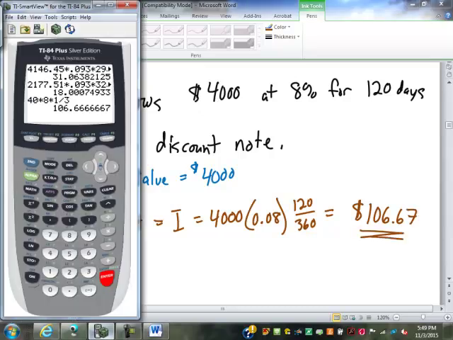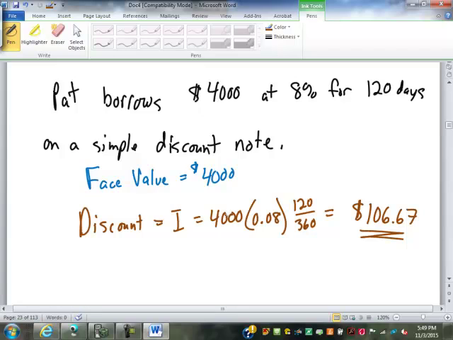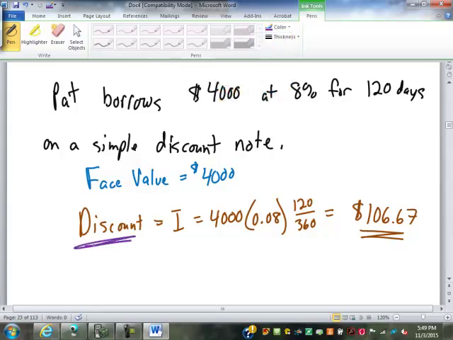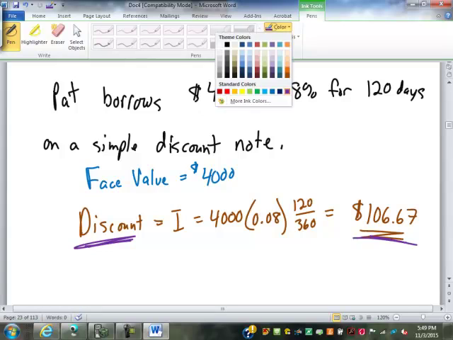Now I realize on my calculator I left some numbers off. I was just shortening it up when I entered it. So $106.67 interest. That is the amount of the discount.